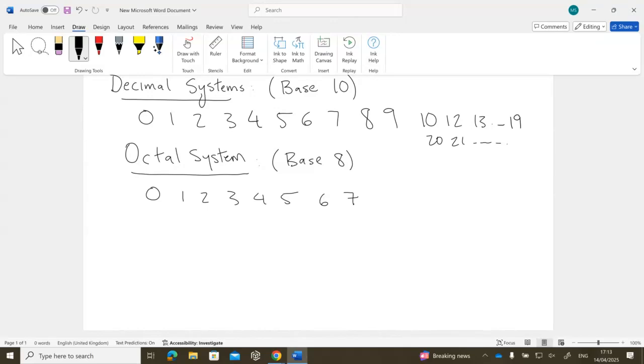So what should be the next number? 8. The next number is? So you have this system. What do we get after 9? So what should we get after 7? We should get 10.